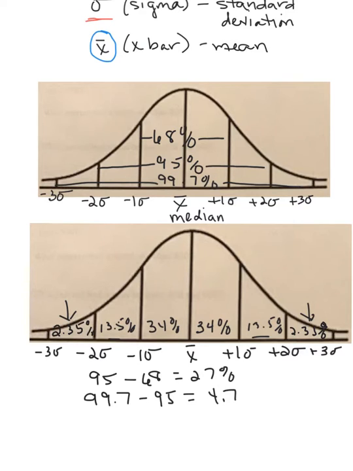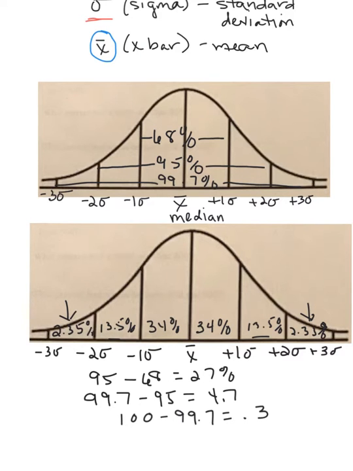The entire curve has to cover 100%. At this point, we have used 99.7, so if we take 100 minus 99.7, what's left is 0.3%.